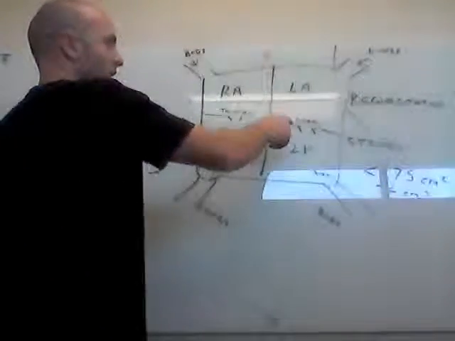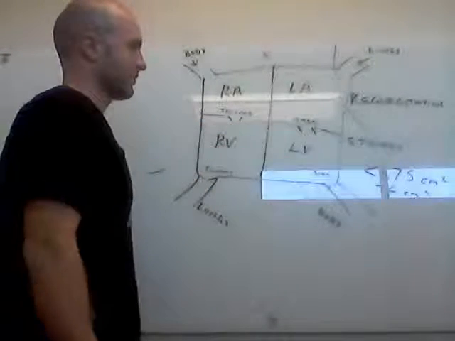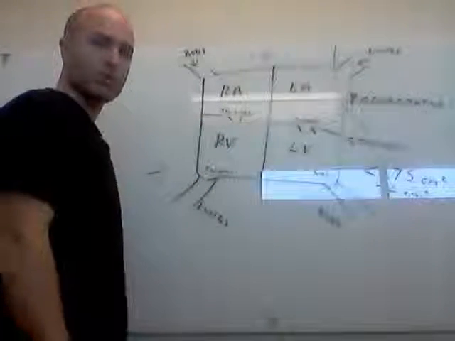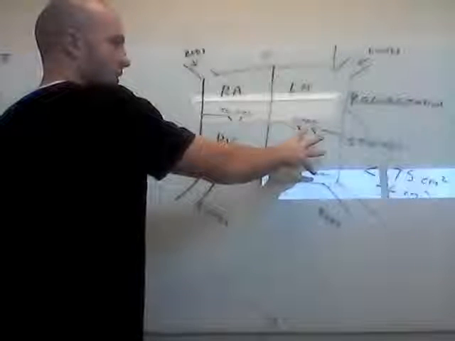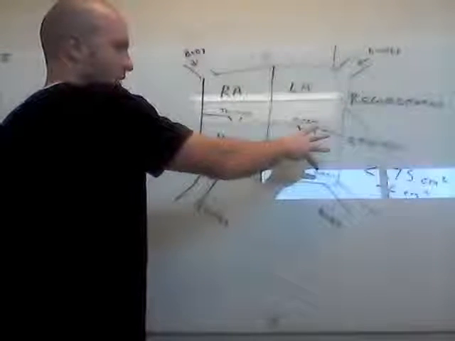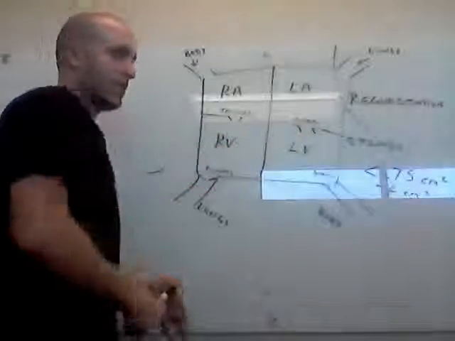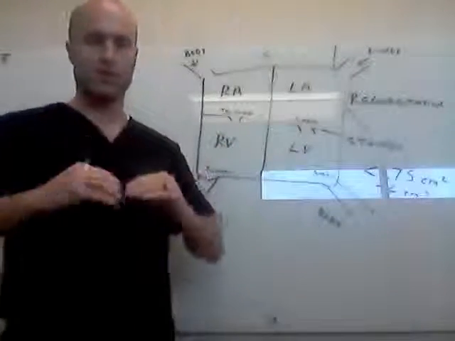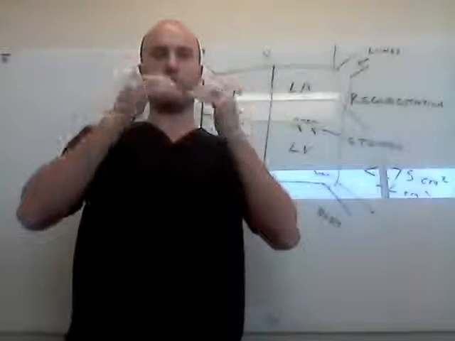Why does your AV valve close in the first place? Your AV valve closes when your ventricles contract. These little flaps are kind of like little parachutes.